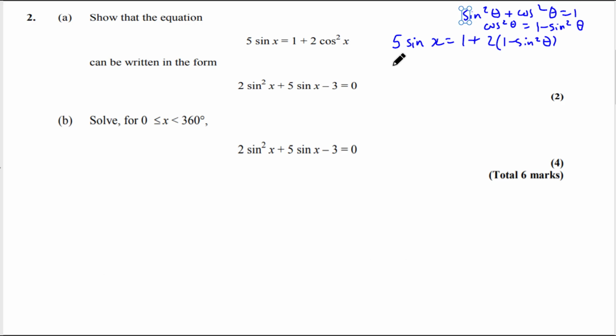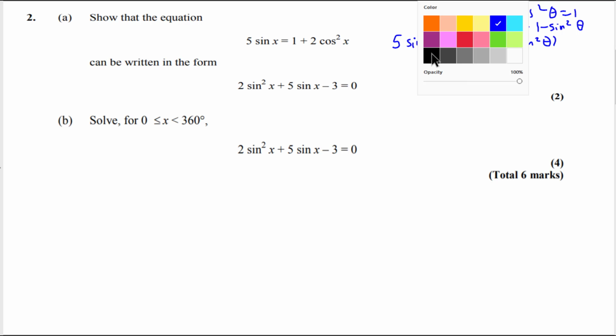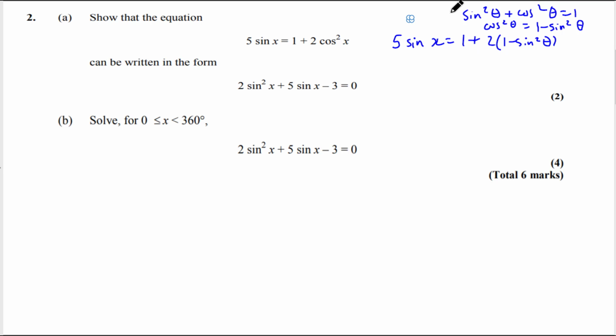So let's look at this old past exam question. Now, we've got to remember the trig identities here. Now I'm going to rearrange that to make cos squared theta, because this question is asking us to rearrange it in this form.